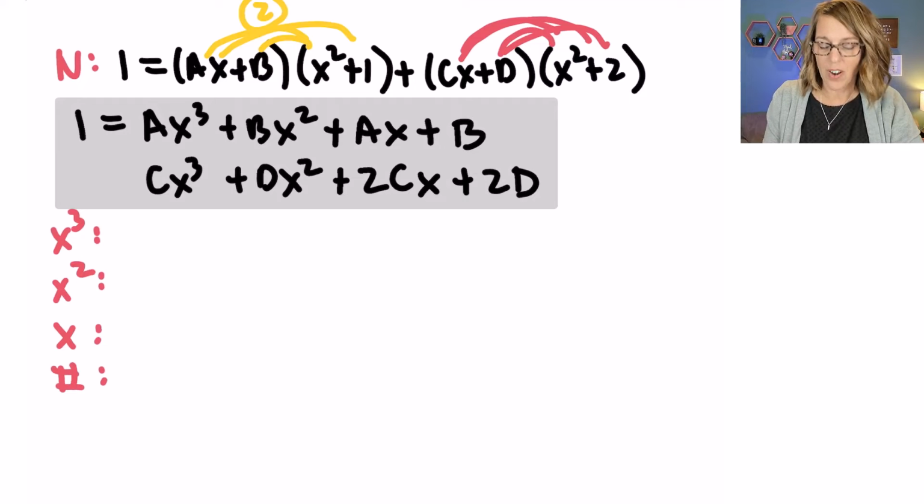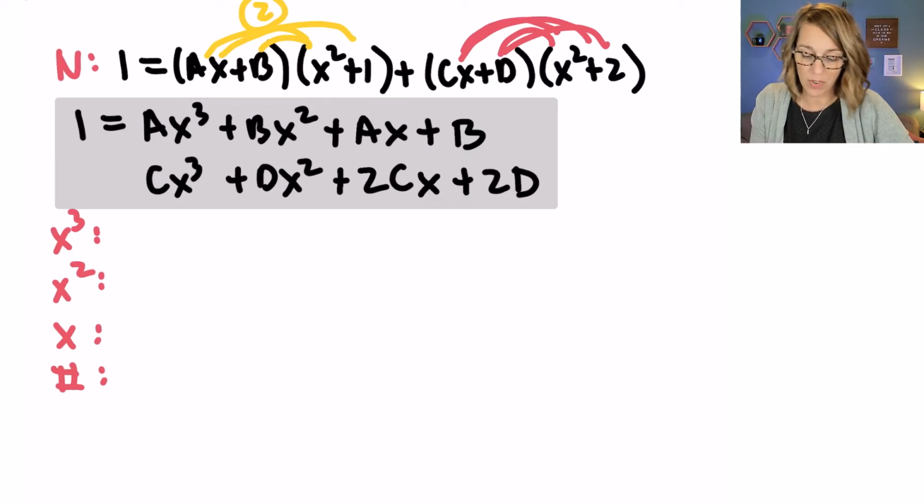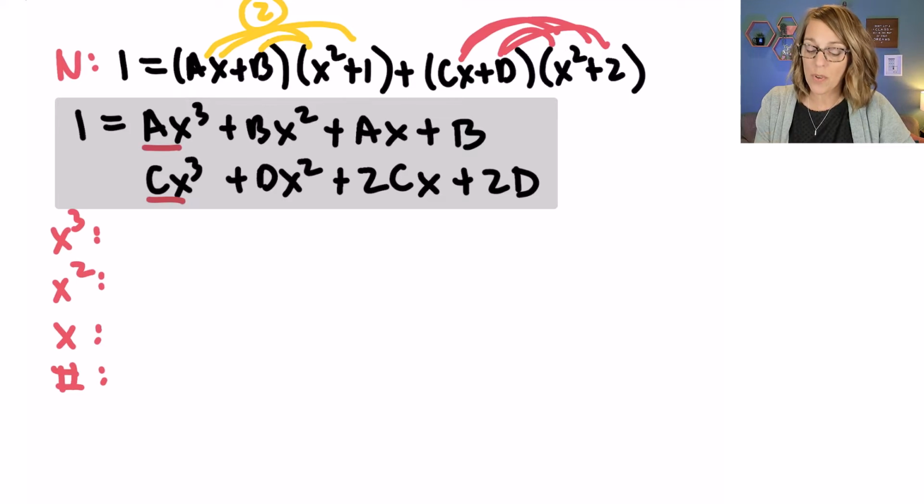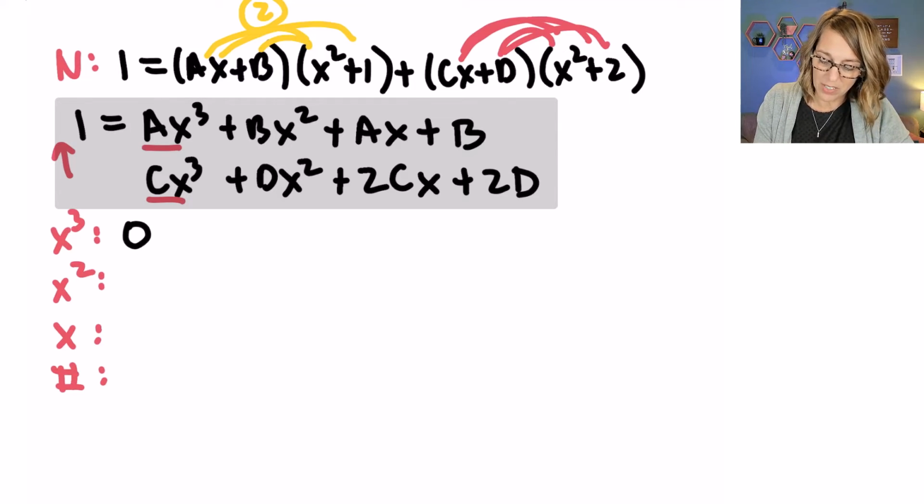Let's go ahead and start off with our x cubed terms first. Our x cubed terms are here. I'm going to pick up the coefficients only, and you'll notice on the left-hand side there are 0 x cubed. So I can write that 0 x cubed on the left is equal to A plus C on the right.